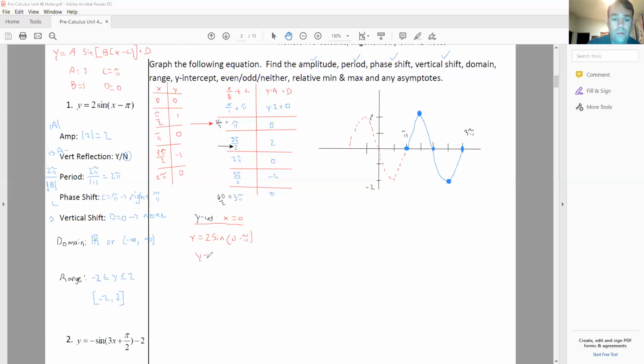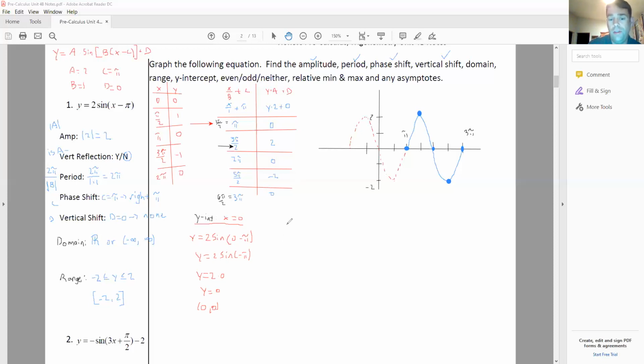Y equals 2 times sine of -pi, which is the same thing as positive pi. They're coterminal. So that's 0. So y equals 2 times 0. Y equals 0. So the y-intercept would be 0, 0. So you can either figure it out by using the graph, or you can just plug it in.